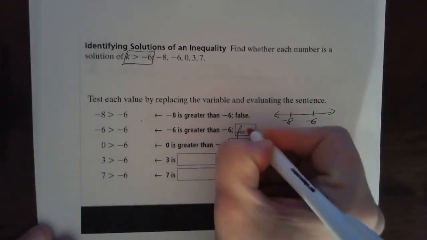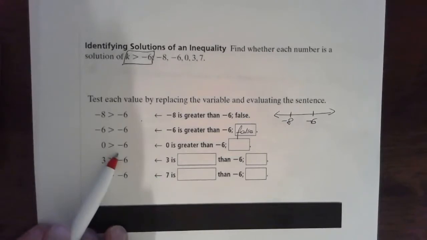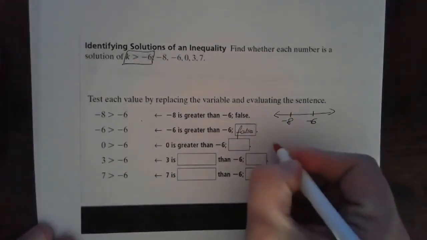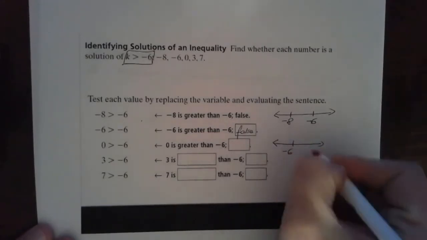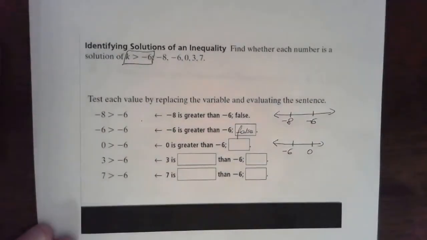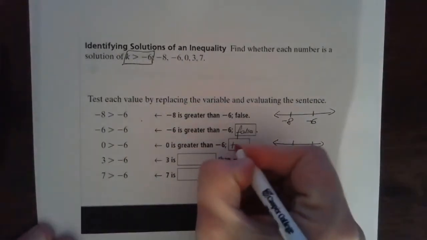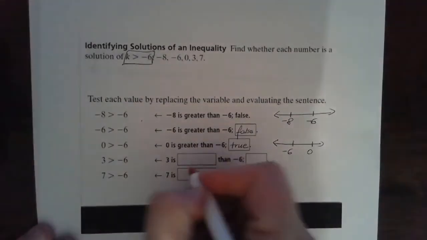It does not have that little line under, which means greater than. Okay, 0 is greater than -6. Yes, because 0 lies to the right of -6, right? So it's greater. If it's to the right, then it's greater. So that's true. -3 is greater than -6. So -3 is greater.